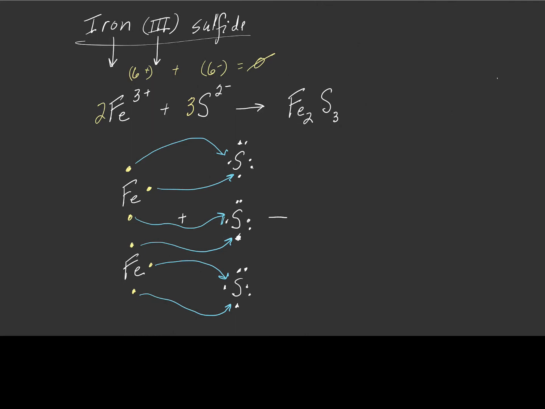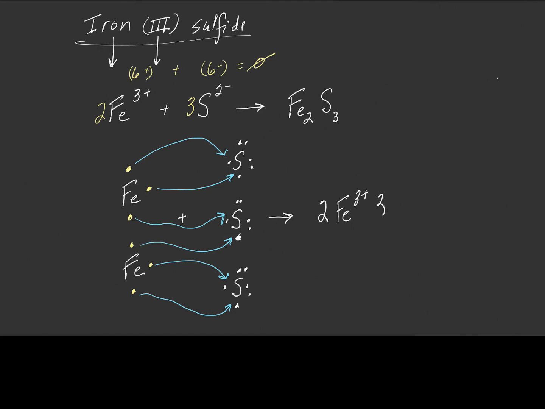Okay. So now we draw our yield arrow. We see that we have 2 irons, and each of those irons, now that they've added the electrons elsewhere, are carrying a positive 3 charge.